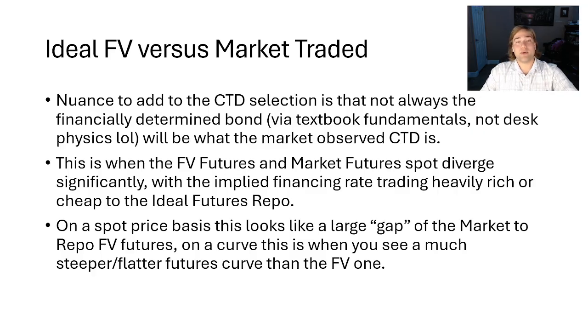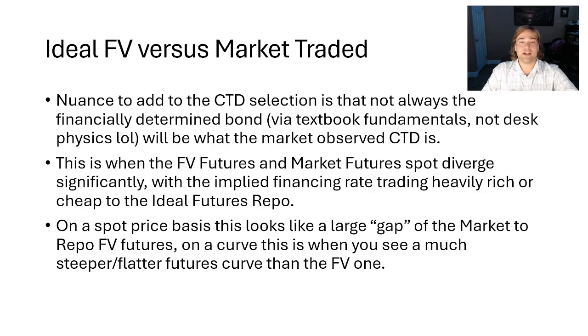Here I'm going to go into the nuance of ideal fair value versus market traded. You can calculate with repo dynamics and other financing equations what the ideal fair value futures price is and what the ideal cheapest to deliver by that metric would be. But the issue is markets don't trade like this.